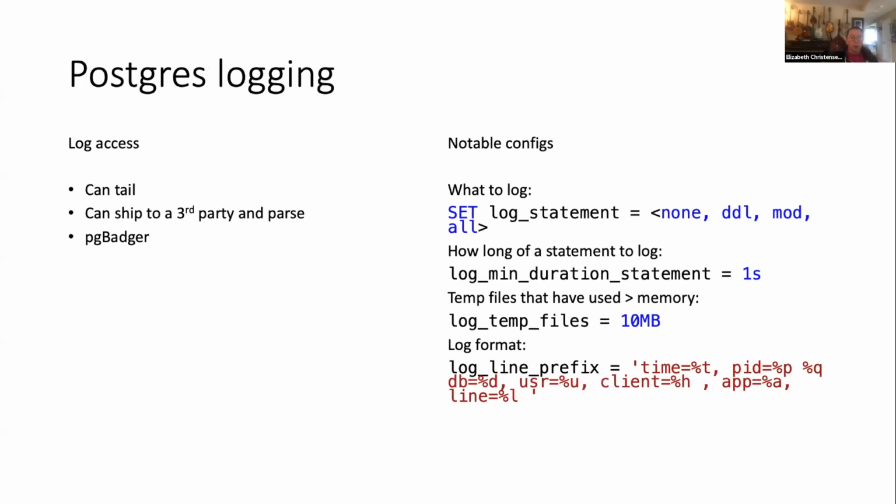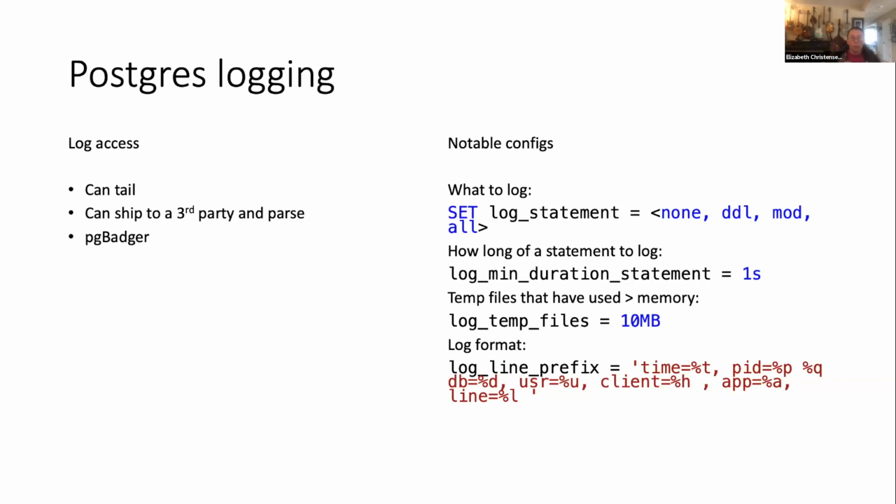You'll probably also want to know how to get at your Postgres logs. It depends on how you've got your access set up. If you're using a managed service, typically you won't be able to tail all your logs. You'll have to send those to some kind of third party. Some of the third parties I mentioned will also ingest your logs.